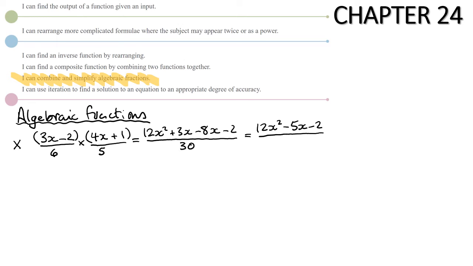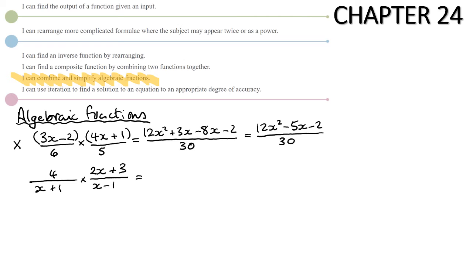over 30. Yeah, so just like normal algebraic fractions, top times top, bottom times bottom, so I could have something like 4 over (x plus 1) times (2x plus 3) over (x minus 1).